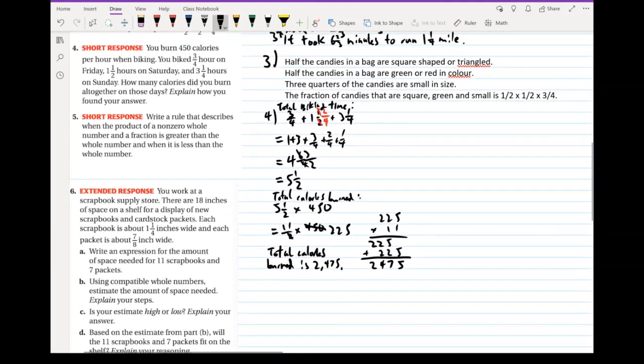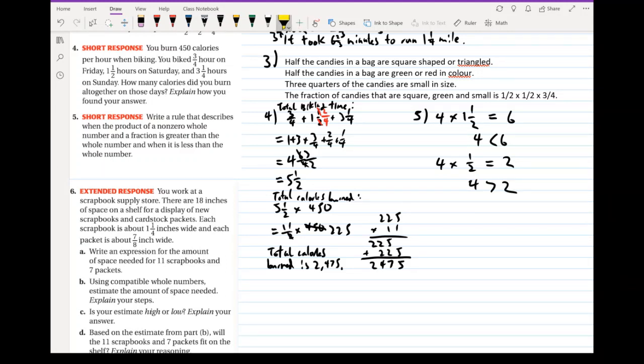Now I know this is a little bit confusing, but as an example, let's say 4 times 1.5 will give you 6, where 6 is greater than 4. And then another example: 4 times half is equal to 2, and so 4 is greater than 2 this time.